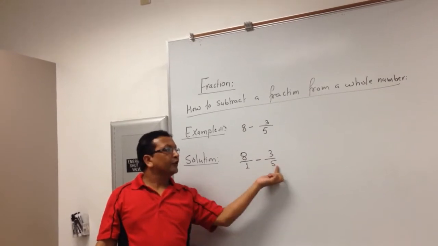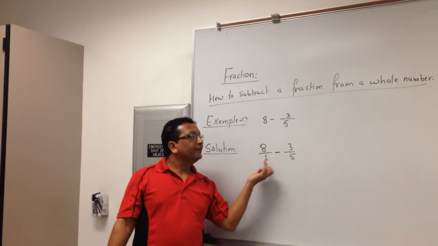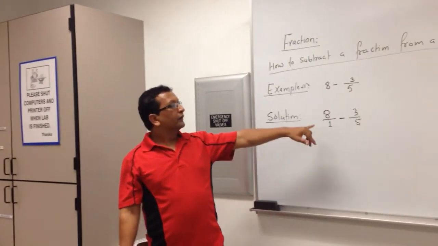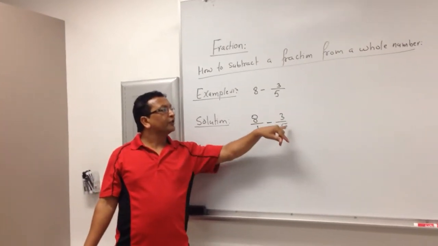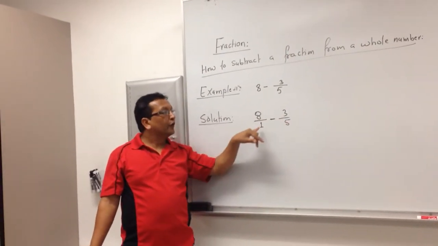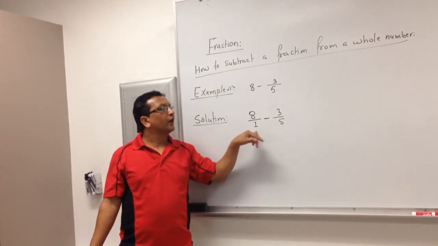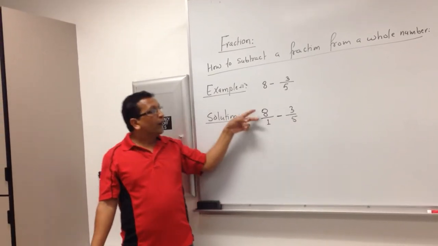To make the same denominator, first we figure out the least common multiple of the denominators. Here, the denominator of the first fraction is 1, and the denominator of the second fraction is 5, so we clearly see the least common multiple of these two denominators is 5. So now we make the denominator of both fractions 5.